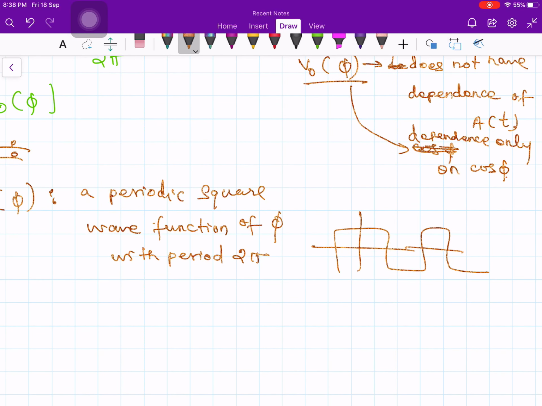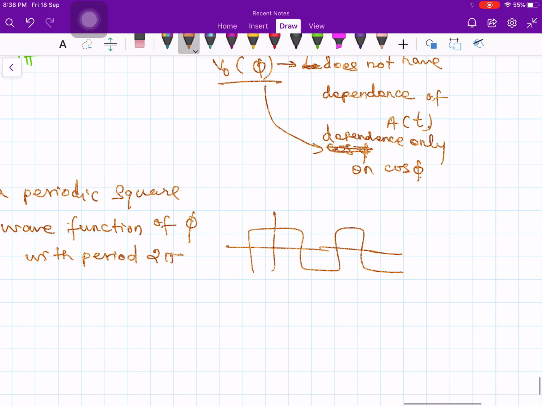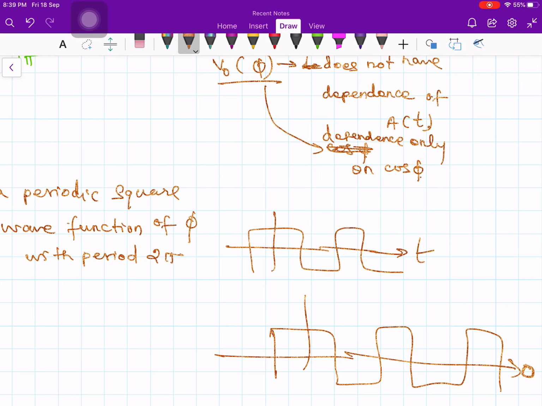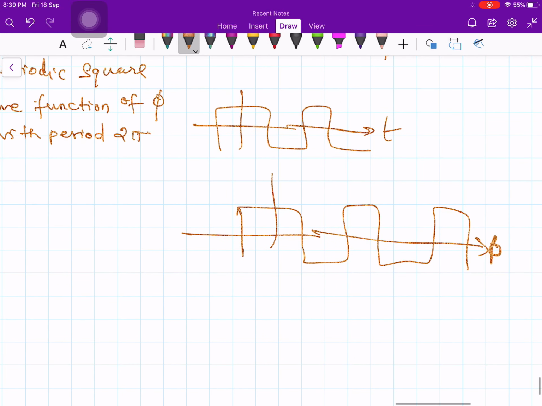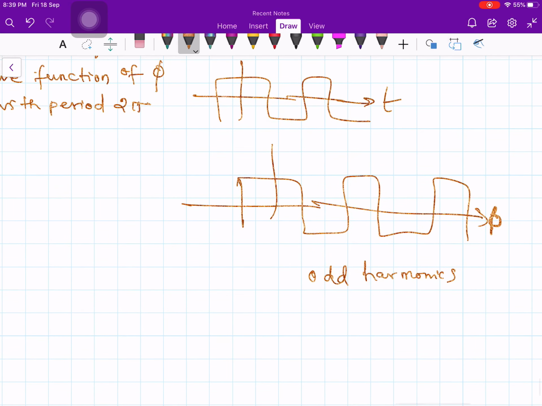Previously we got Fourier series for time functions. Now we are going to find the Fourier series as a function of phi. And I know what kind of Fourier series a square wave function has. It contains only odd harmonics of the argument, and that is the precise representation.